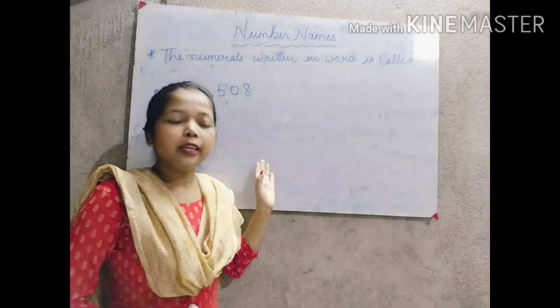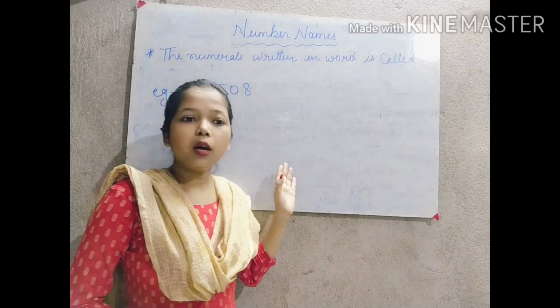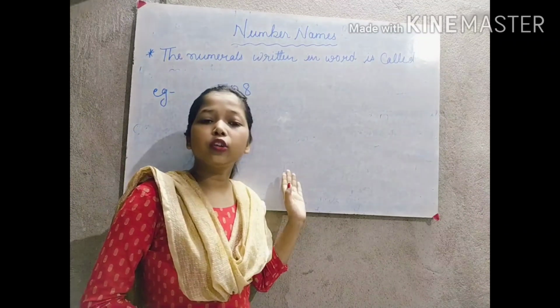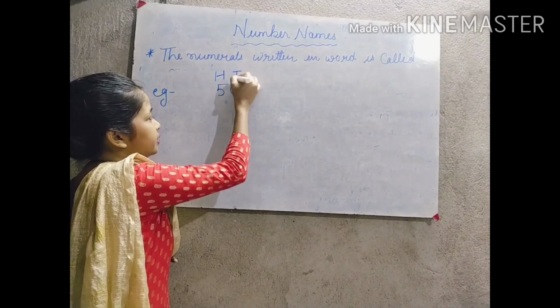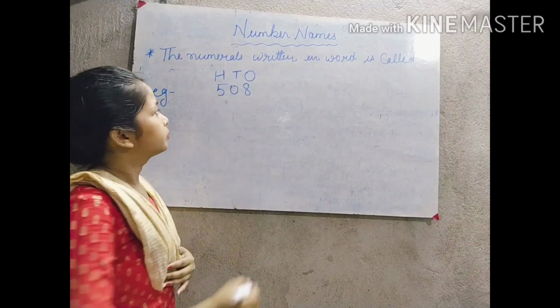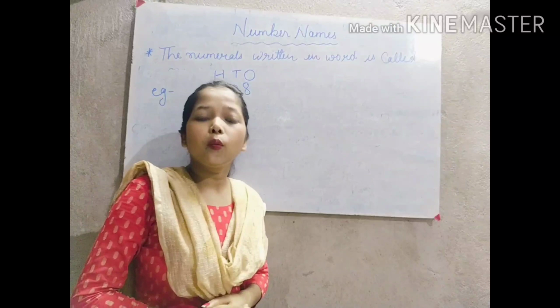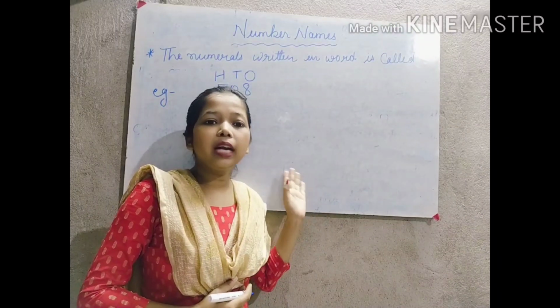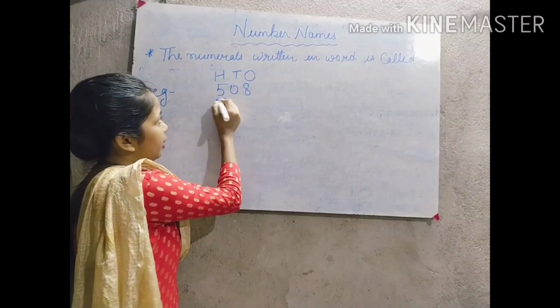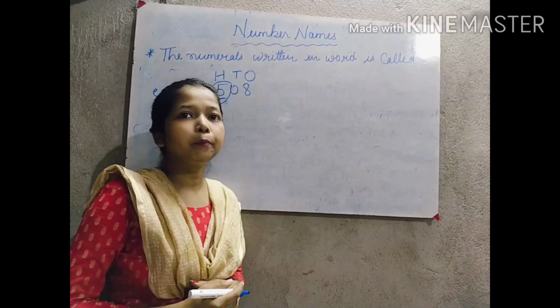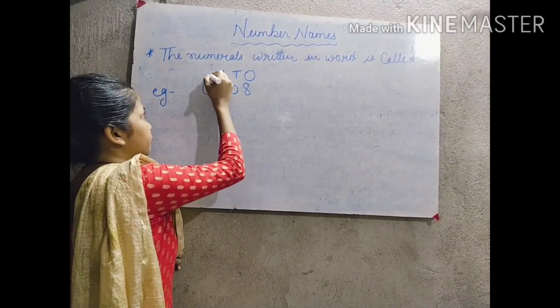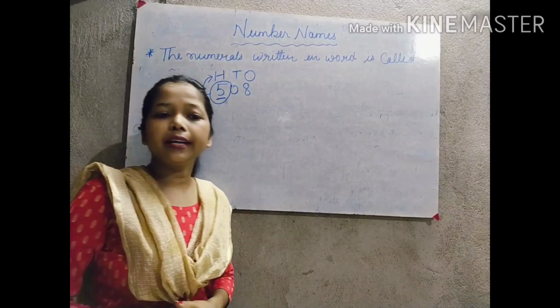So, see the number again. First we will write the place value of each digit on the top of the number. Hundreds, tens and ones. Again we will start from the left digit, that is 5, on the hundreds place.